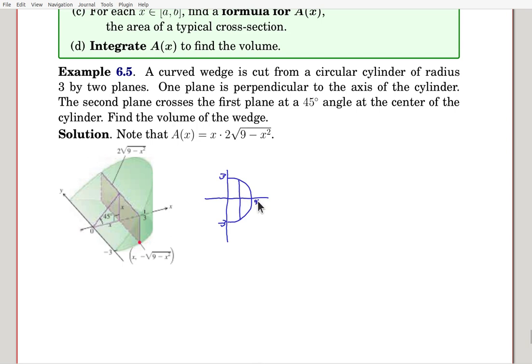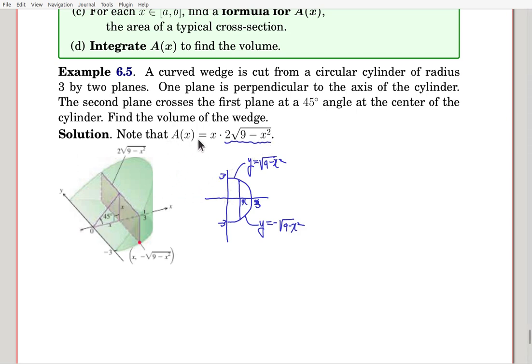Okay, this is now 3. So for each x, the top portion of the curve is y equals square root of 9 minus x squared, and the bottom portion is y equals minus square root of 9 minus x squared. So the length from here to there is twice the square root of 9 minus x squared, and the height is x.